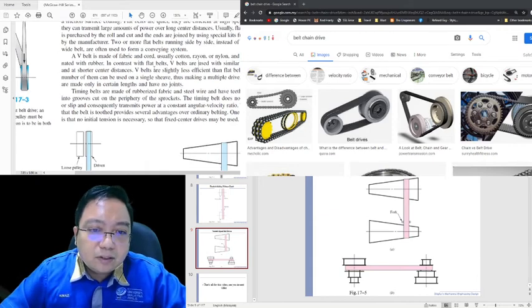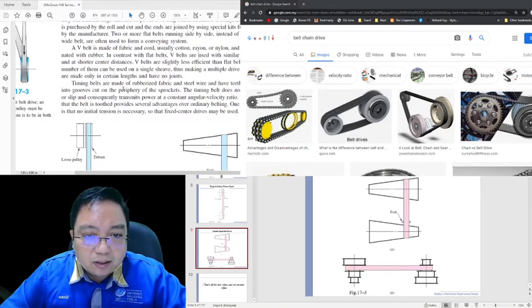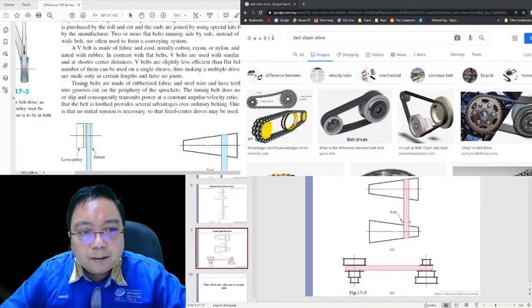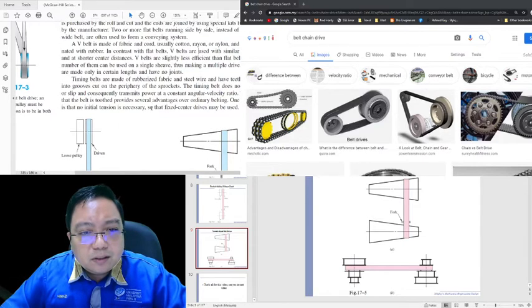And the timing belts, you are familiar with timing belts because every car has a timing belt. Timing belts are made of rubberized plastic and steel wire, and have teeth that fit into grooves in the periphery of the sprocket. The timing belt does not stretch or slip and consequently transmits power at a constant angular velocity ratio.